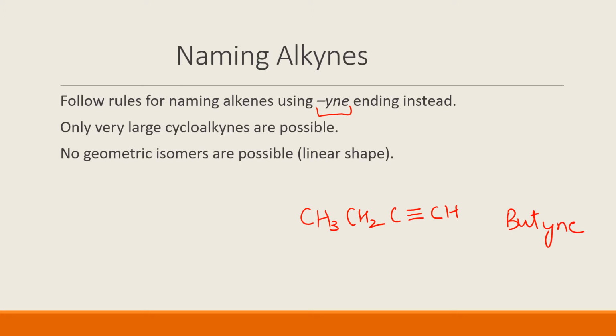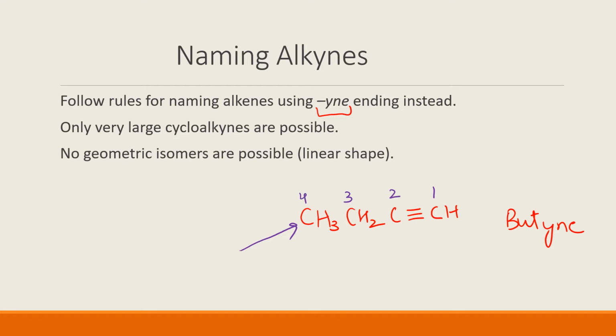As in the case of alkenes, we number the carbon chain to find the locator number of the triple bond, and we number from the side which gives the triple bond the smaller locator number. For example, in this molecule, we will number from the right hand side, because in that way we get the smaller number for the position of the carbon-carbon triple bond.